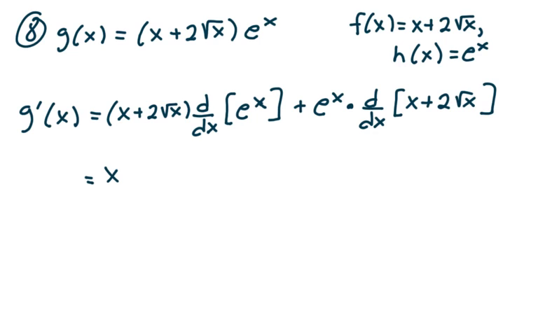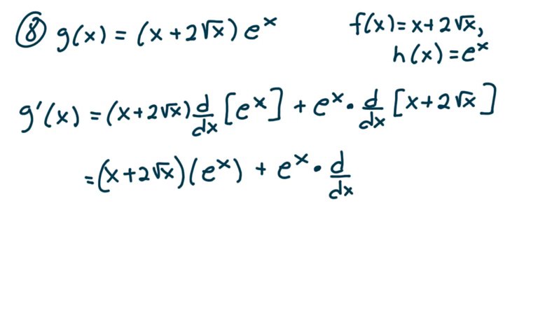Now, this is (x plus 2 square root of x) times e to the x plus e to the x times the derivative. Now, before we take the derivative of x plus 2 root x, I'm going to rewrite this as the derivative of x plus 2x to the 1/2.